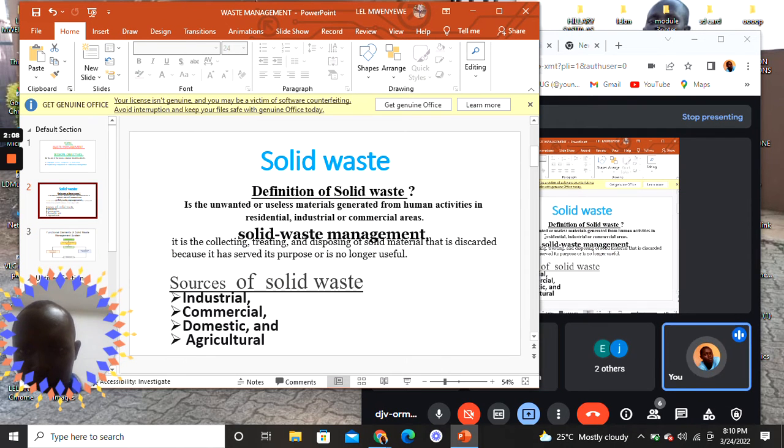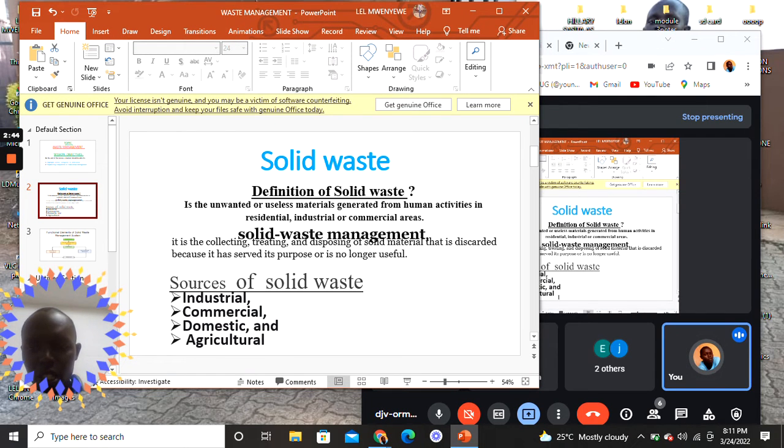Correct. Unwanted or useless materials that are generated from human activities, be it in residential, industrial or commercial areas. Then what about solid waste management? Solid waste management is the process or the activities associated with collecting, treatment, and disposal of solid material that is discarded because it has served its purpose or it is no longer useful. That's the definition of solid waste management.